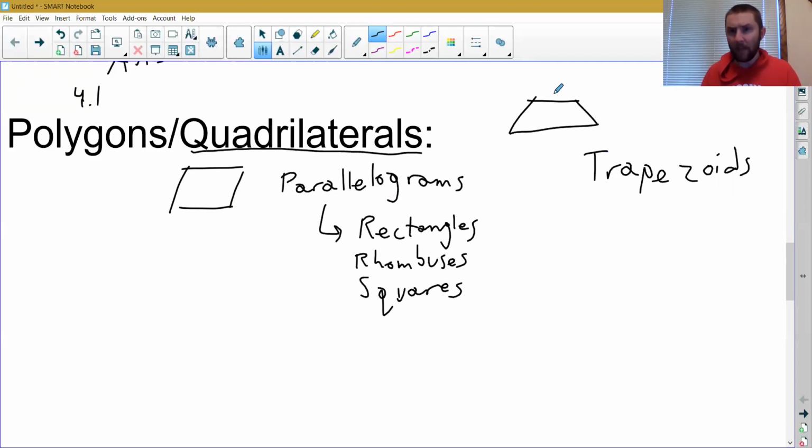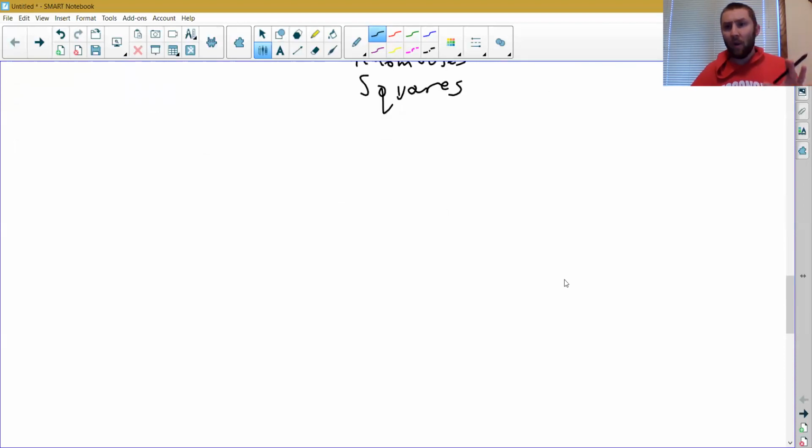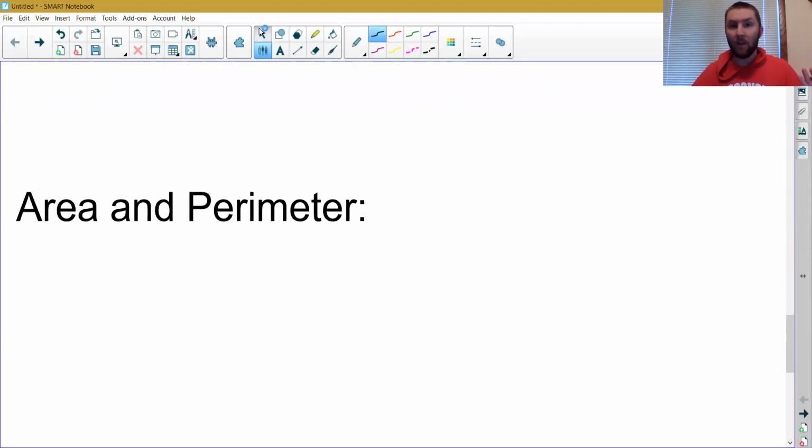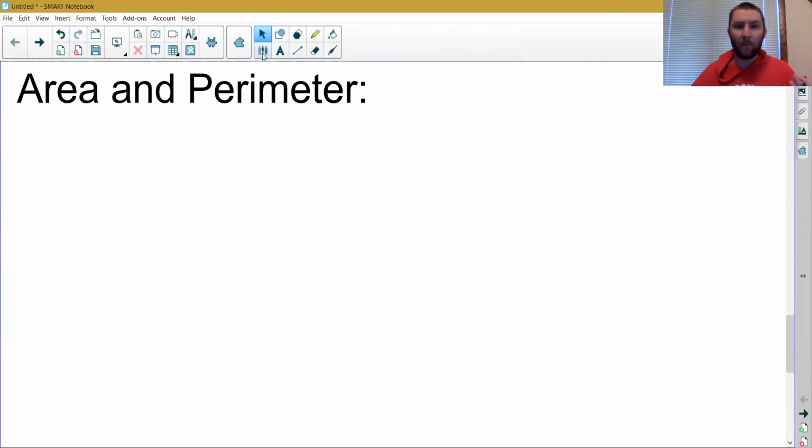And that was really it. That was really all that we did in chapter 4. We stopped somewhere right around 4.6, 4.5, somewhere in there. So that's the main things, is remembering these different types of shapes, what makes up each different type of shape, and so on. And then after we talked about the shapes, we talked about their areas and their perimeters, right? So we spent chapter 5 really more like reviewing area and perimeter of these shapes.